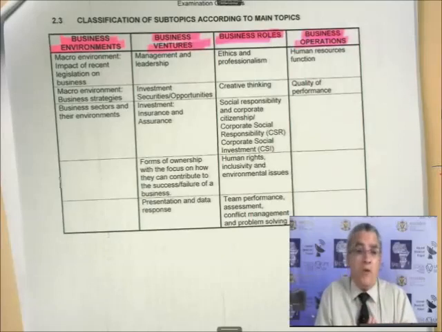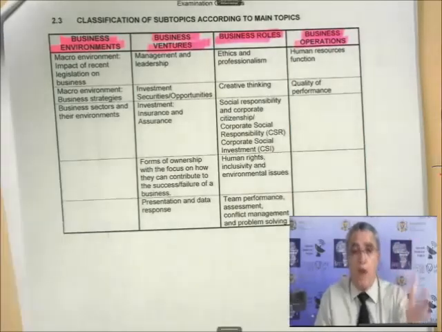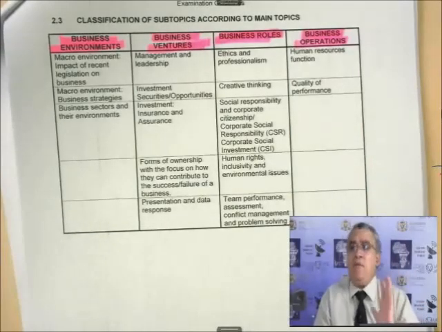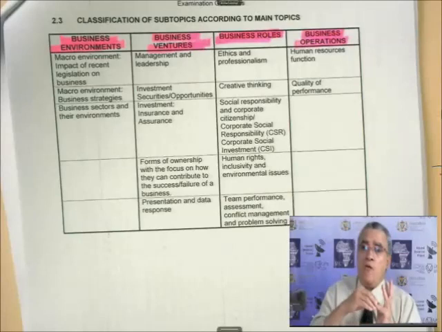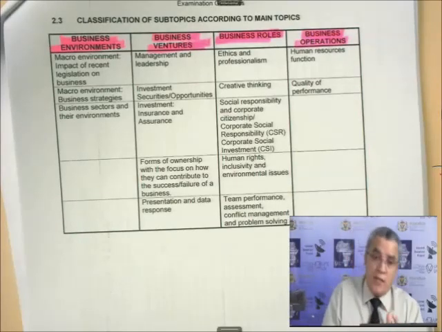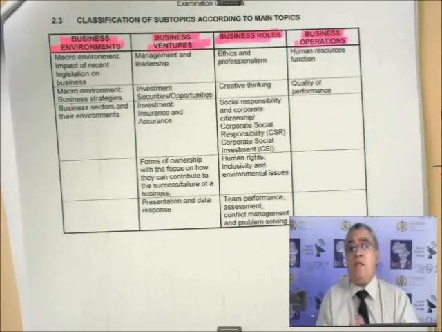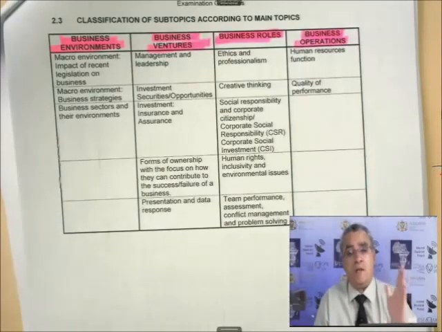Now, very, very important. For most of the learners, focus area 1, business environments, can be very tricky because of the 9 different business strategies, which are very, very difficult, very complicated topics in business ventures.